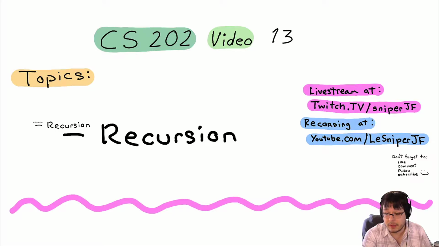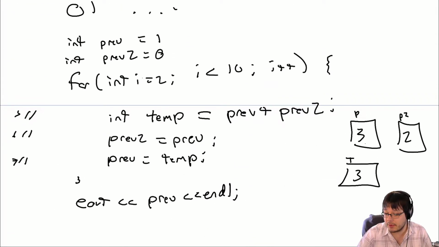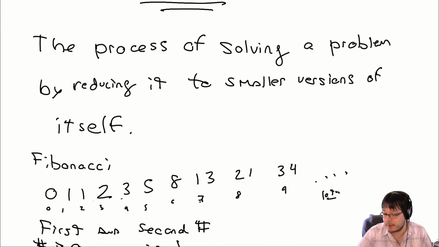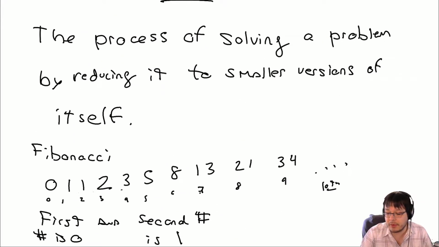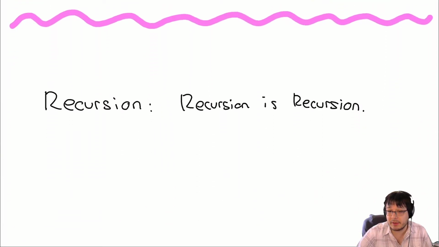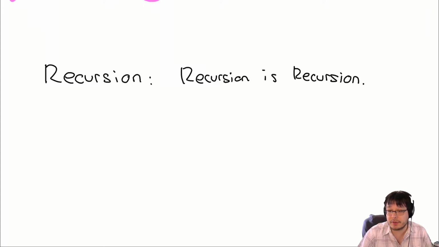And so what is recursion? Well, the definition of recursion I gave in the book was, what did I say? The process of solving a problem by reducing it to smaller versions of itself. I think a better definition is that recursion is just recursion.